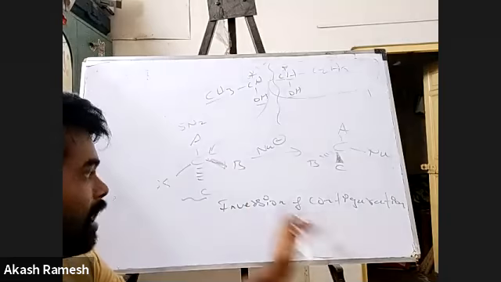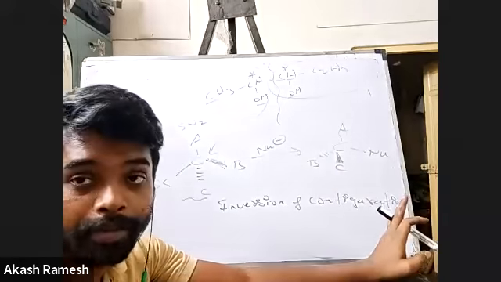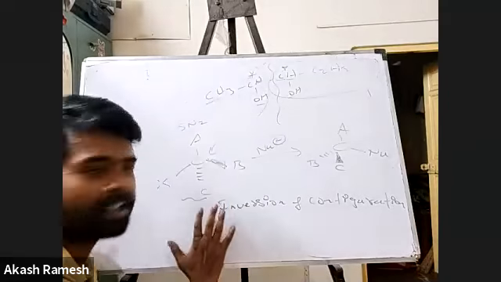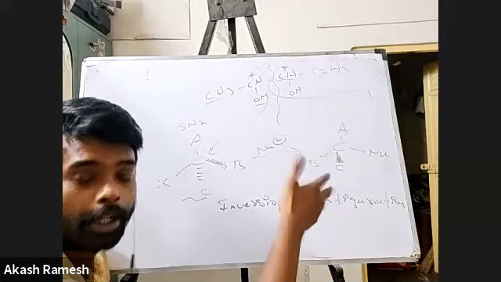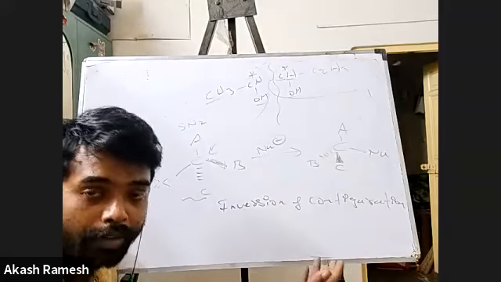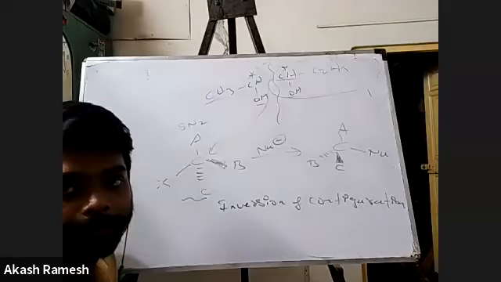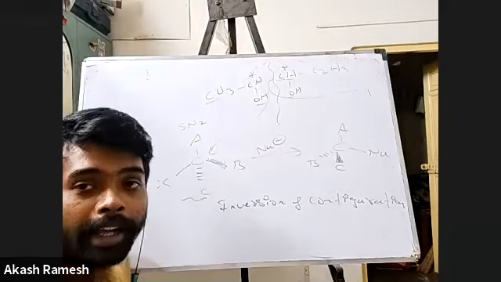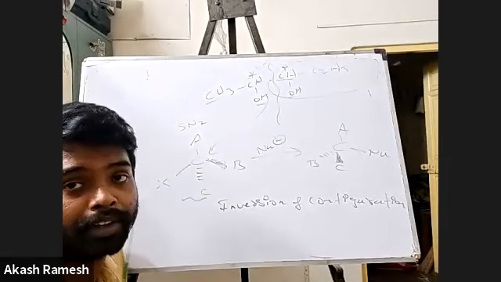Now, please understand, you will be able to visualize the inversion of configuration only if the compound is chiral. If these three, A, B, C, are the same, you will not find a difference between these two. You'll be able to see the inversion of configuration only if the compound is chiral. So that is about SN2. In SN2, what you have to understand is that inversion of configuration happens.